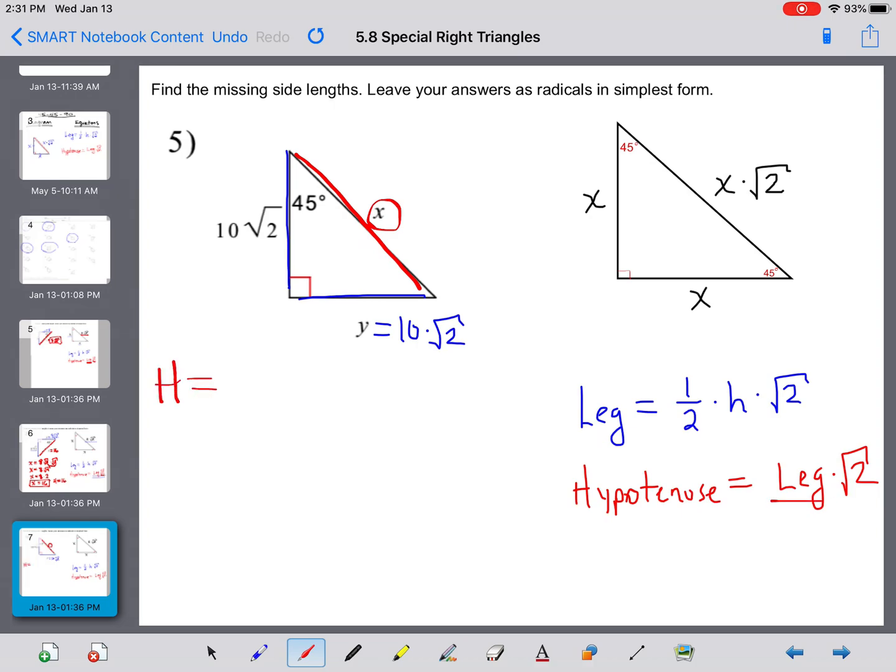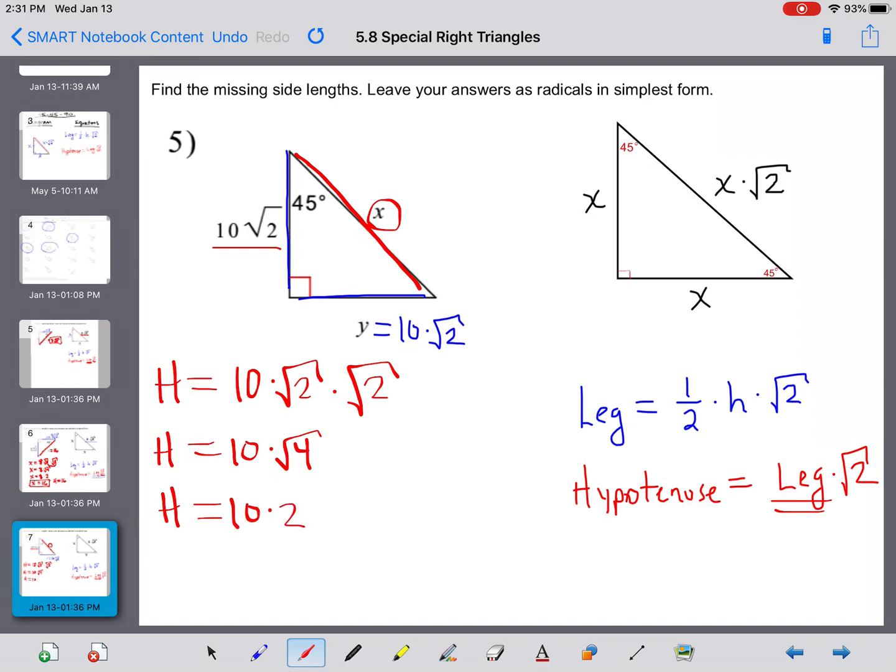The hypotenuse is the leg times the square root of 2. The leg of this triangle is 10 times the square root of 2, and if we multiply it by the square root of 2 again, we follow the same step as the previous problem. We get 10 times the square root of 4. The square root of 4 equals 2, and the hypotenuse is equal to 20.